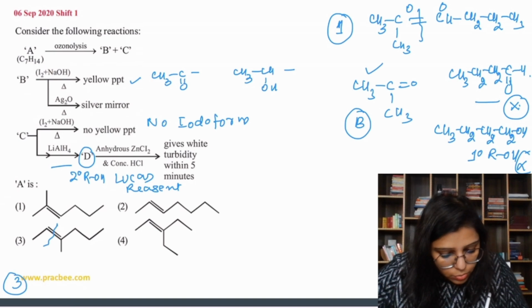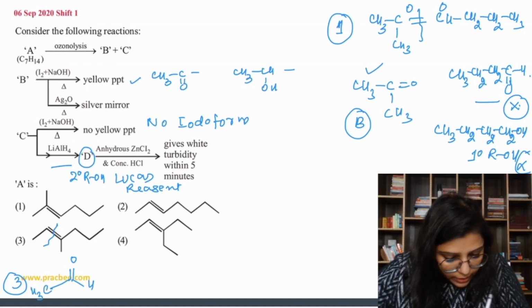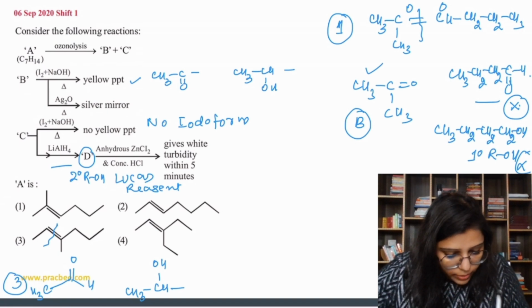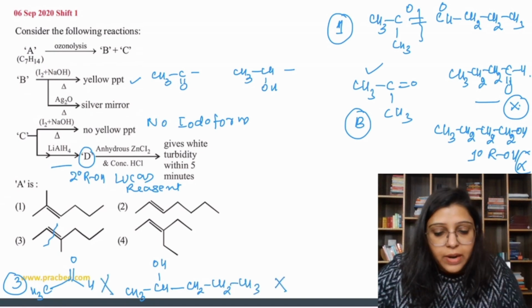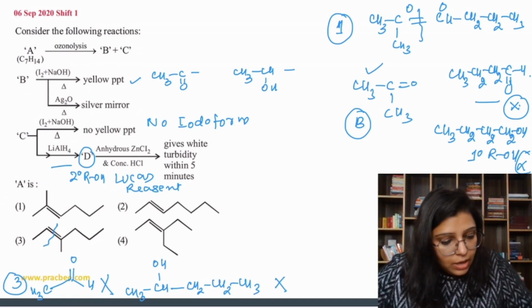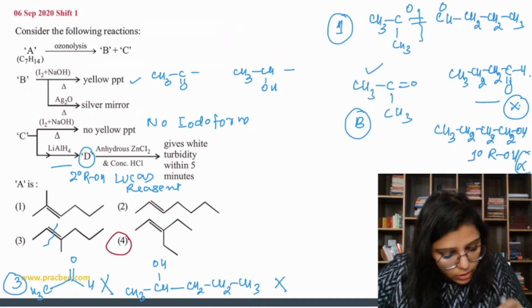Now similarly, look at the third option. We get CH3 C double bond OH, and here we write CH3 CHOH, then CH2 CH2 CH3. Again, both can give iodoform. This cannot be true. Now let's look at option 4.